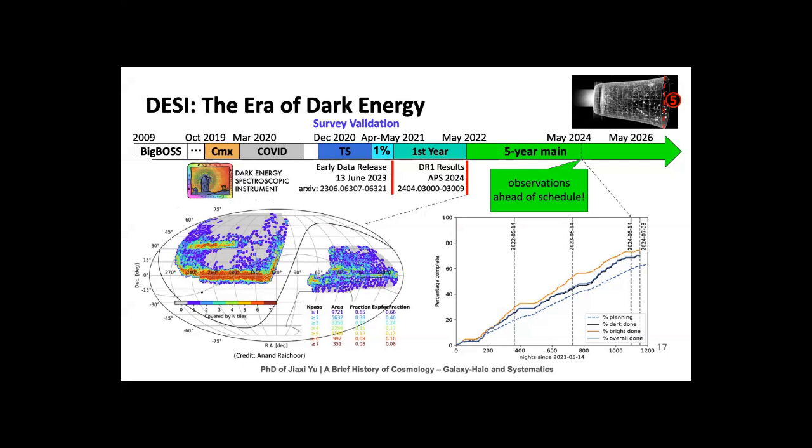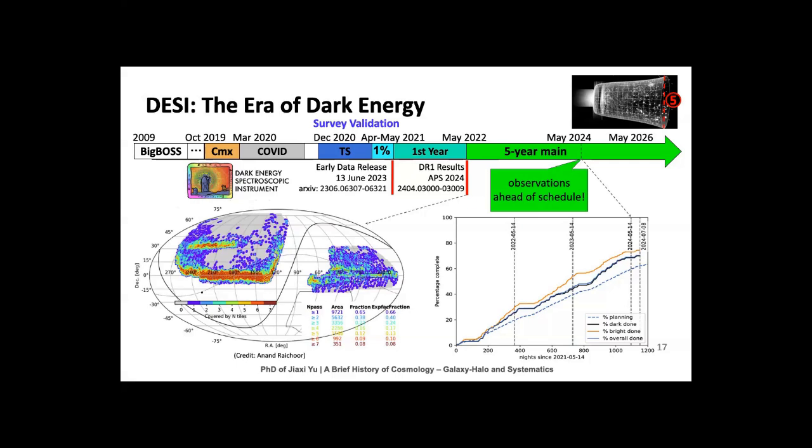In just 1 year, this project has collected 14 million redshifts. So more than 3 times what was collected in the last 20 years. So you see the increase of the data coming from these surveys. And that gives you the first year data collection onto the sky.